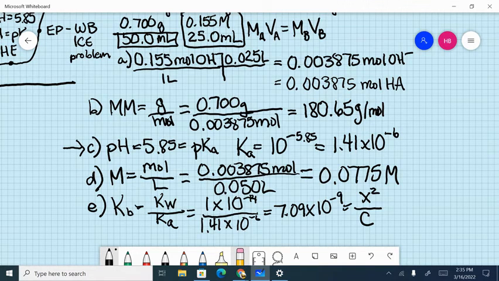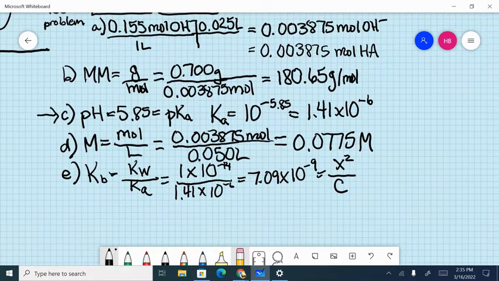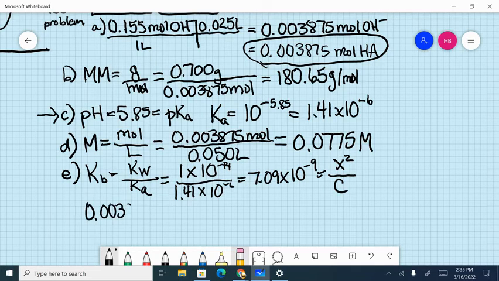So let's figure out that concentration, remembering that concentration is moles per liter. We calculated the number of moles of HA. Remember, the number of moles of HA is also the number of moles of A minus. The A minus didn't go anywhere. So 0.003875 moles.